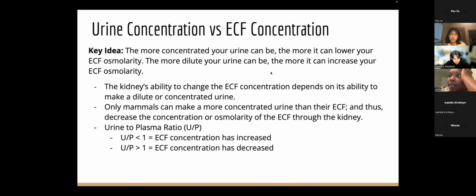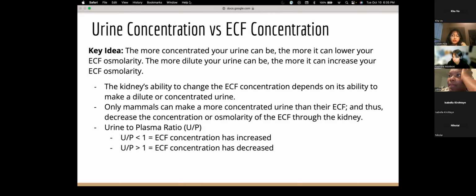This is because that ECF is what's going to filter through into the tubules in your kidneys, and since you're going to be excreting that out, that directly affects your extracellular fluid concentration. So just remember that the more concentrated your urine can be, which would mean it has more solutes, it didn't reabsorb as much salt, the more it can lower your ECF osmolarity.